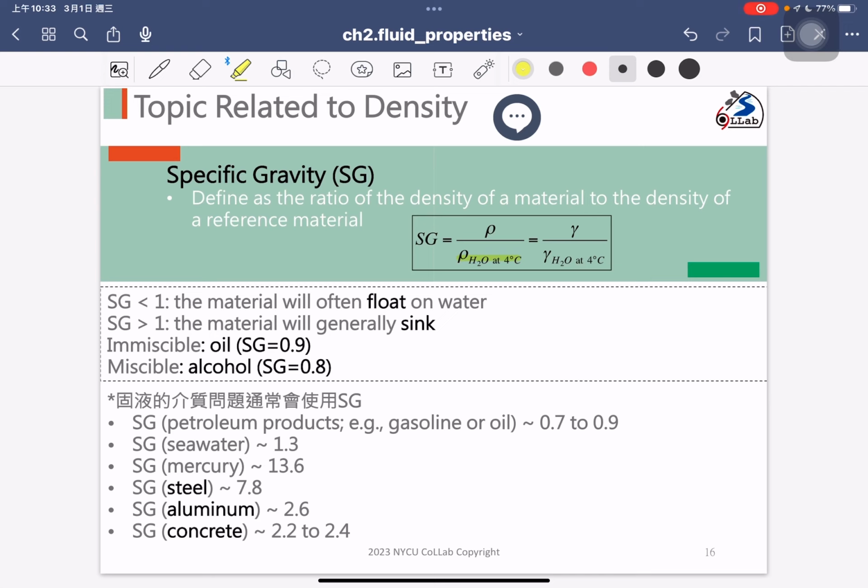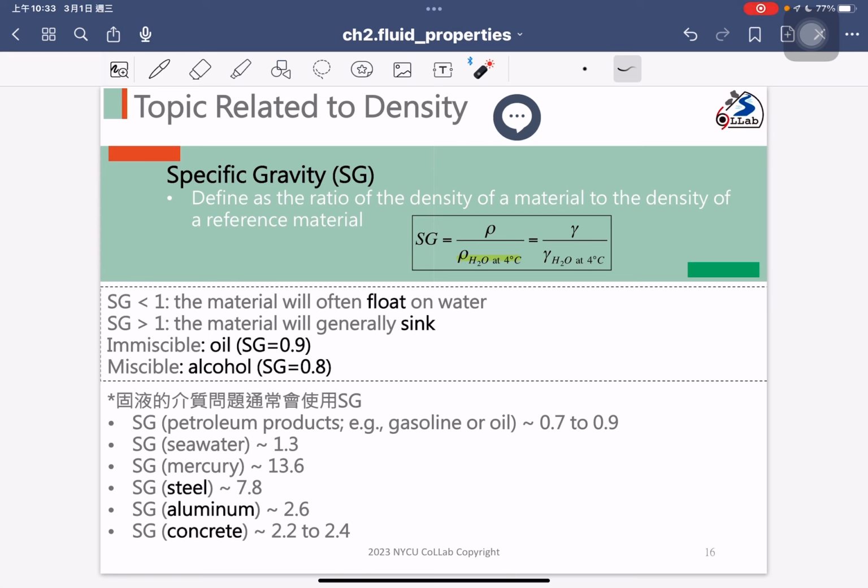Okay, this is very important. And overall, if the Sg is less than 1, that indicates the material will often float on the water, because the reference is the water.